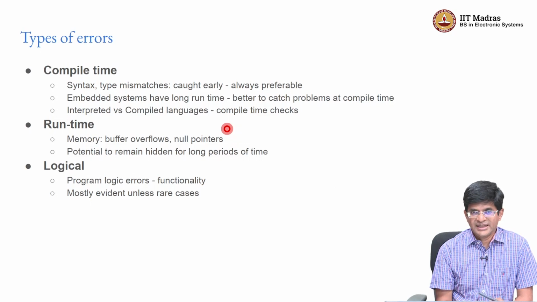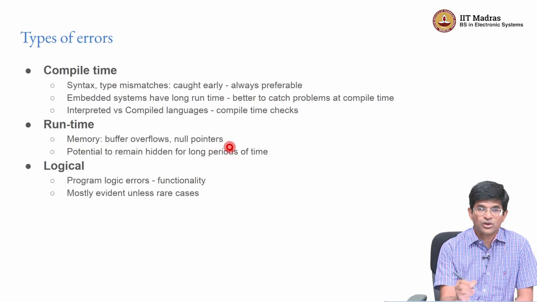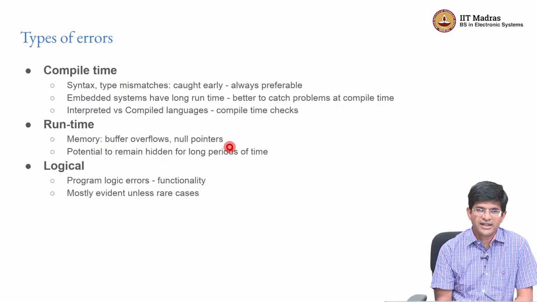Now, ideally, yes, you catch your errors at compile time, but what if you don't? Then you go to runtime. The kind of problems that you could encounter there, a lot of them are memory related. When you're talking about the software, it's largely memory related. It could be buffer overflows, you could have null pointer problems and so on. You could also have hardware errors, but that's actually a hardware failure.